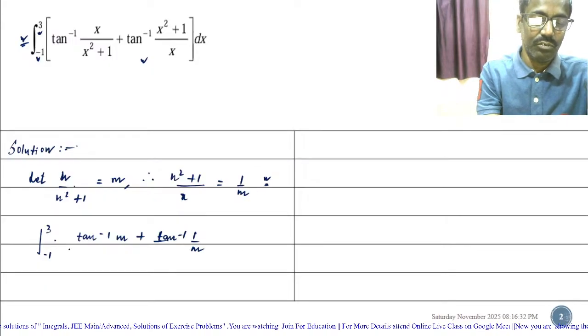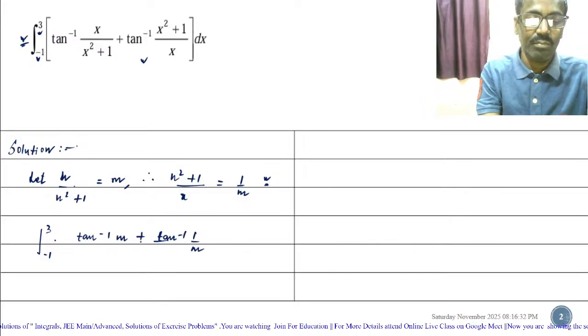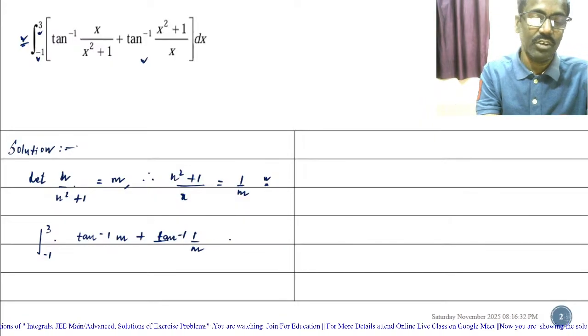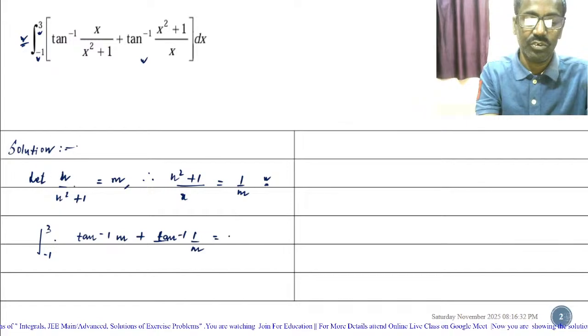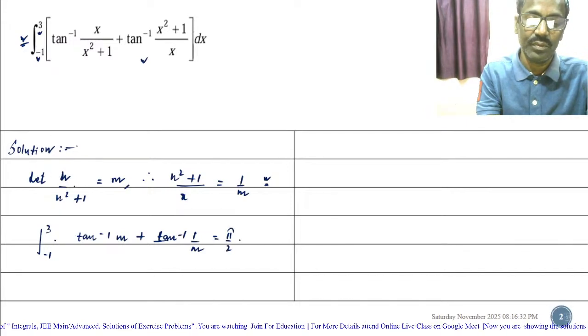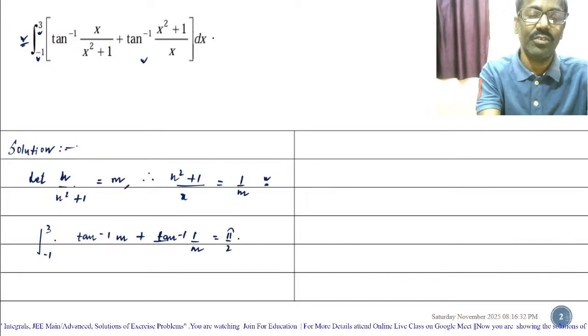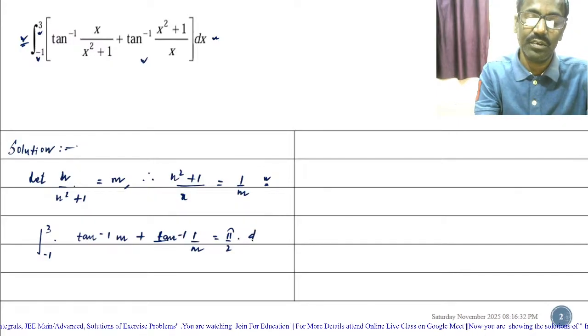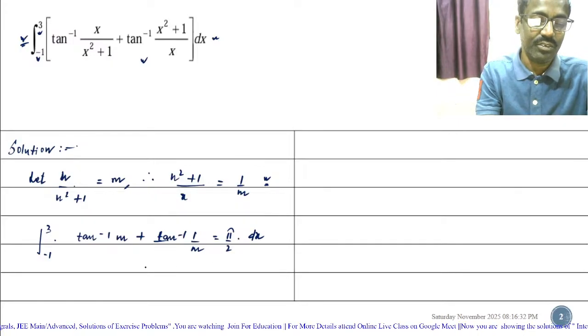So we know that tan inverse m plus tan inverse 1 by m equals pi by 2. So here will be pi by 2, and into dx.